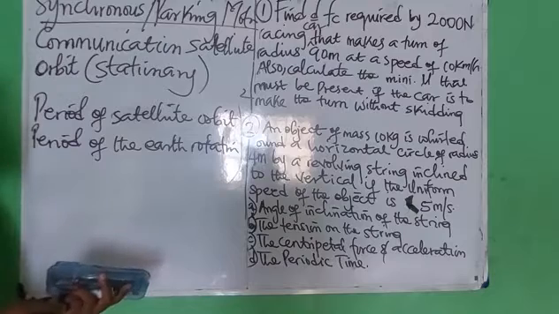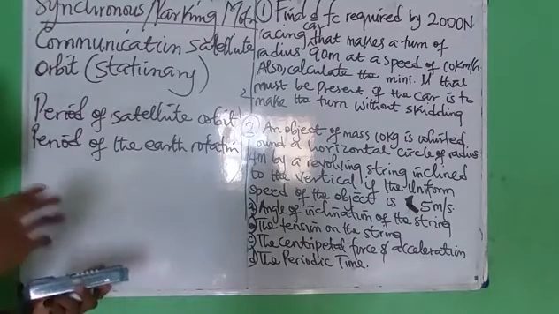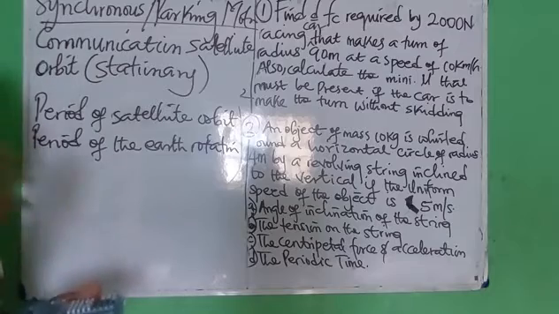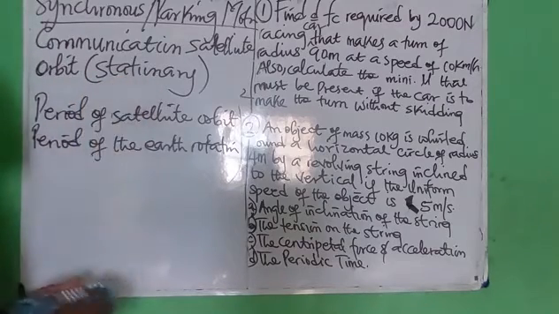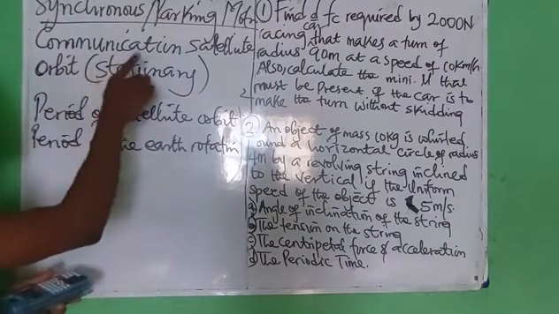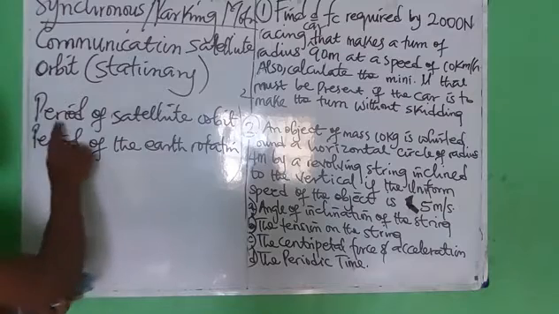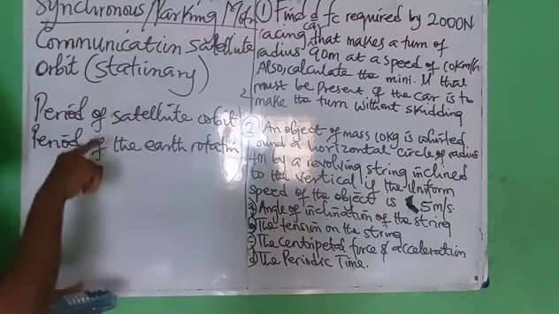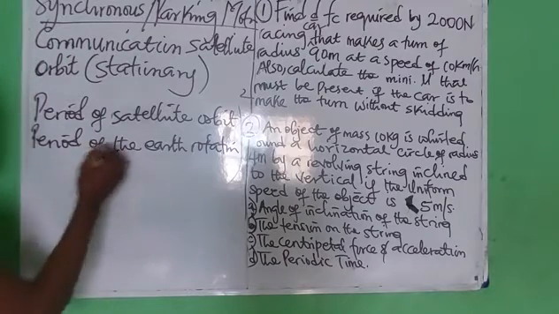The process whereby a communication satellite is positioned circularly about its axis at a very fixed point, called stationary, is called synchronous or parking motion. For it to happen, the period of the satellite must equal the period of the Earth's rotation.